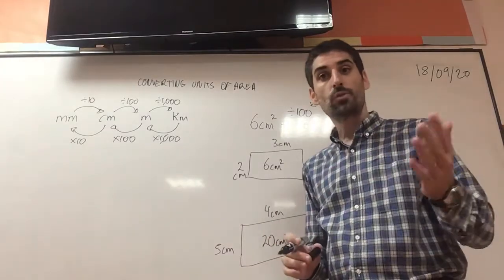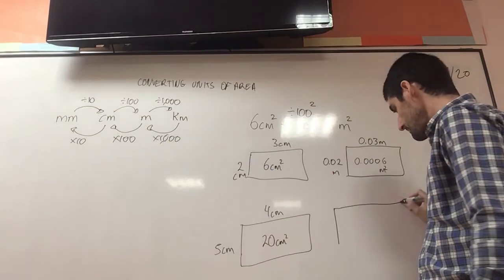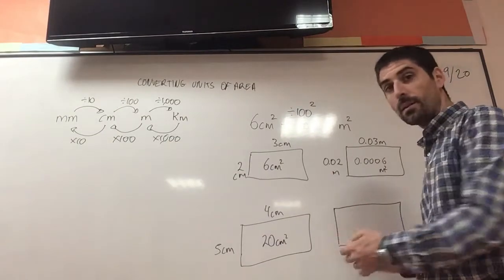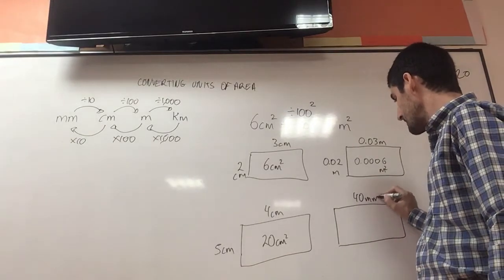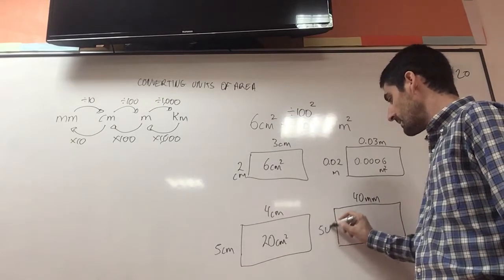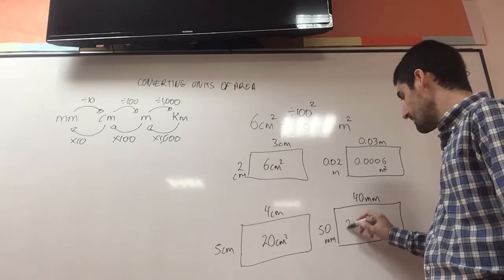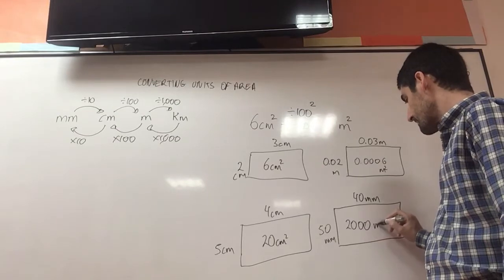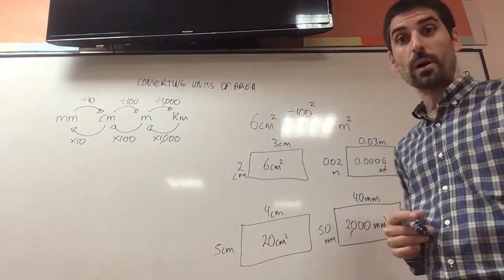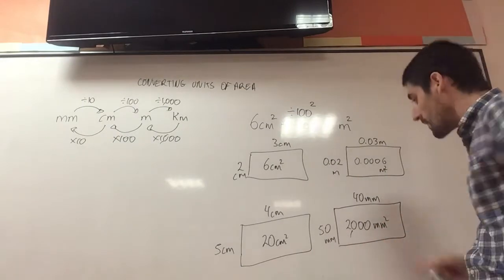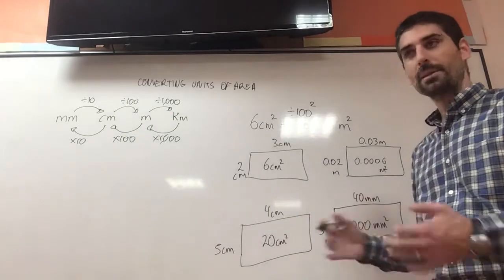But again, that's wrong. Let's do the conversion first. Same rectangle, but the units now in millimeters. So this is 40 millimeters, and this is 50 millimeters. Find the area, 40 times 50. Turns out we get 2000 millimeters square. So, to go from centimeters to millimeters, I multiply by 10.